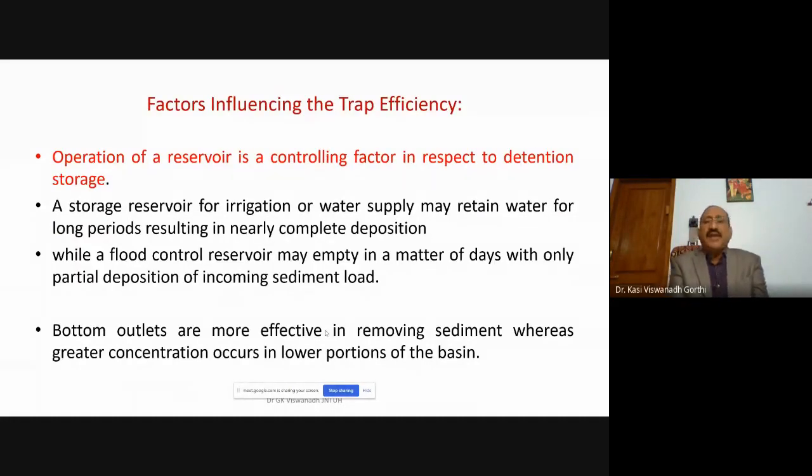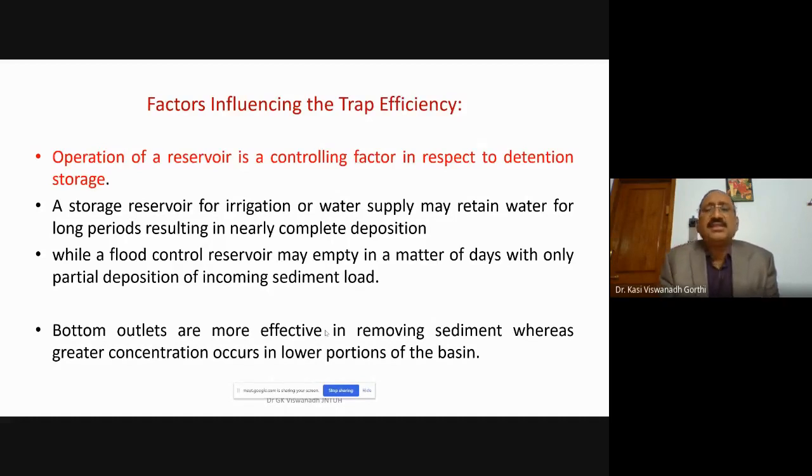So what are the various factors that influence this trap efficiency? One of the important factors is the operation of a reservoir. How the reservoir is operated. What do you mean by this operation of a reservoir? When the water is joining into the reservoir and getting stored, how will this water be utilized?